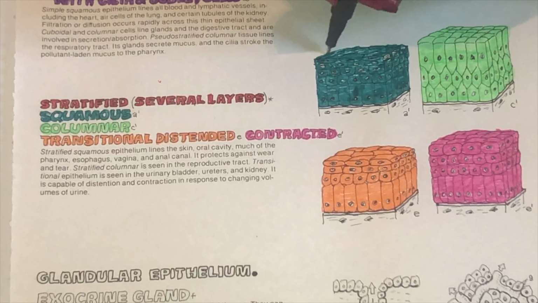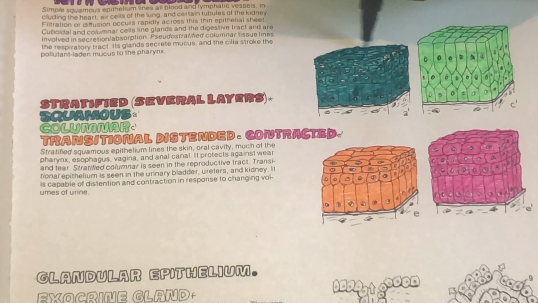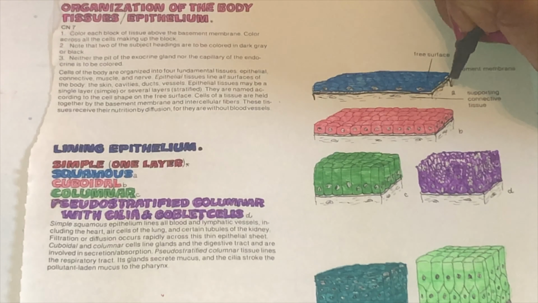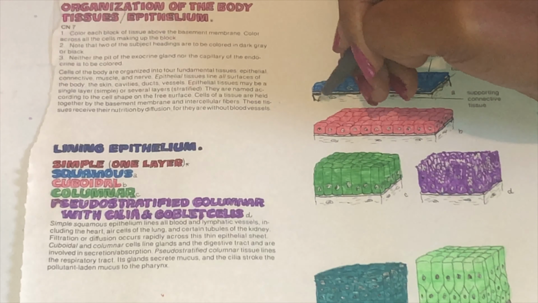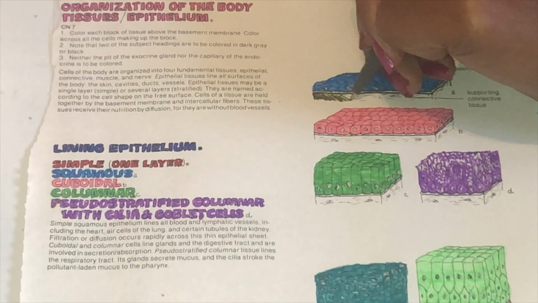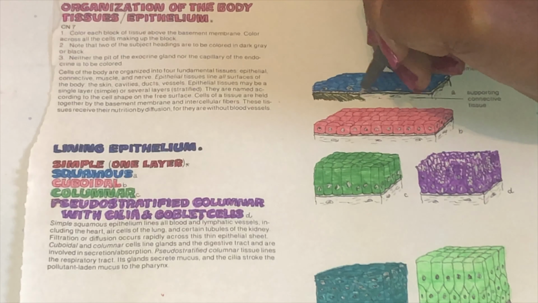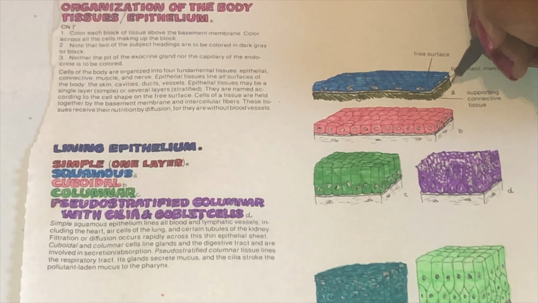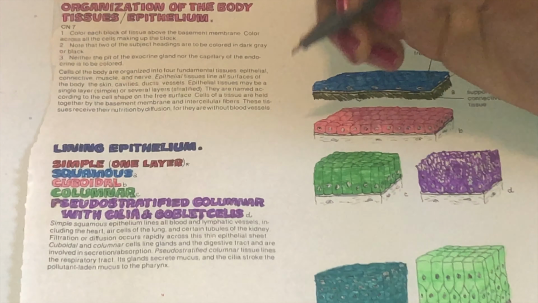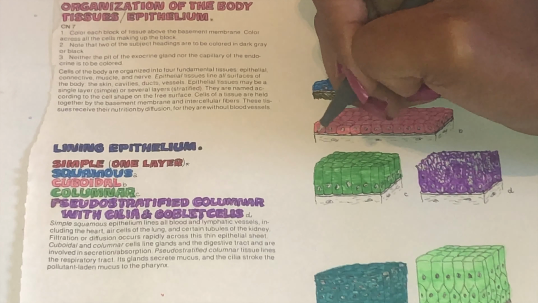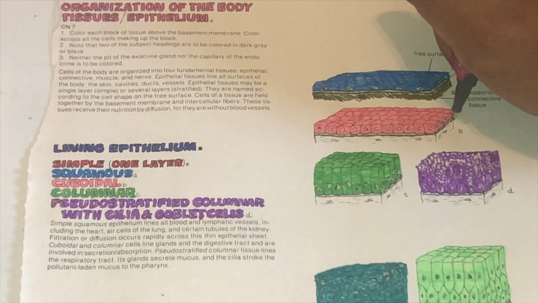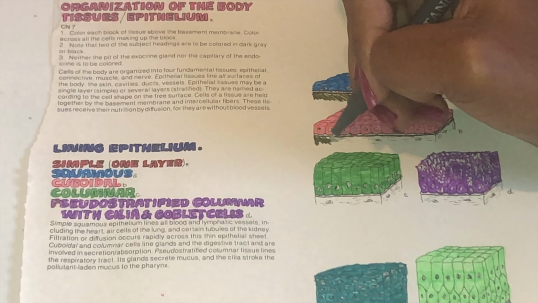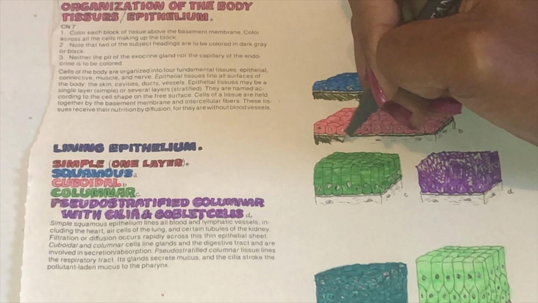All right. Colored in that squamous. And right now I am coloring in the basement. Oh, actually, no. I'm coloring the supportive connective tissue in this moss green color, just to show that layer there. And that is located on each of these illustrations. So it was on that squamous, now it's on this cuboidal, and I'm coloring it in.